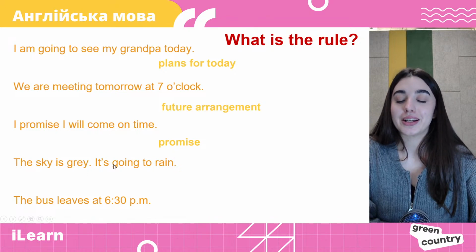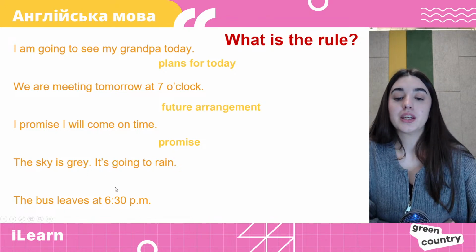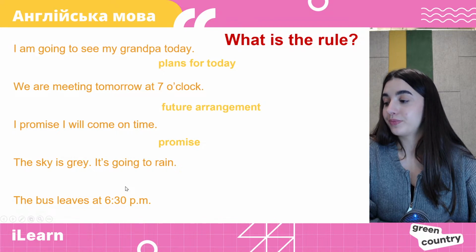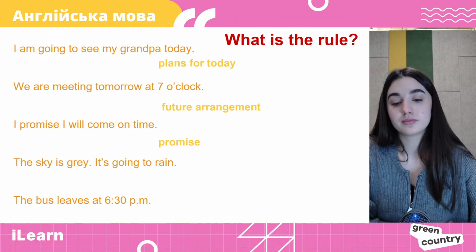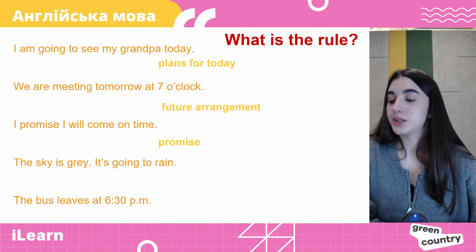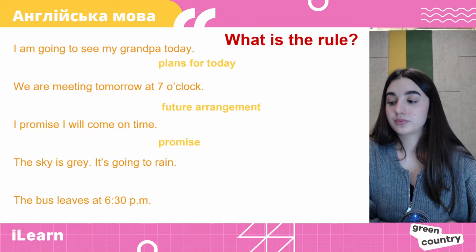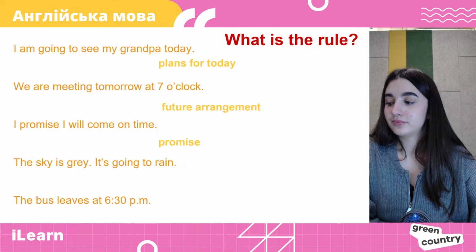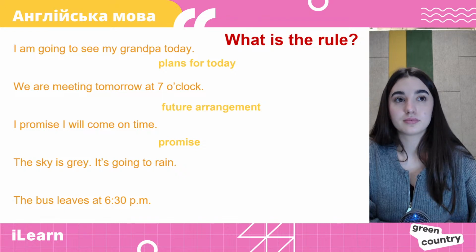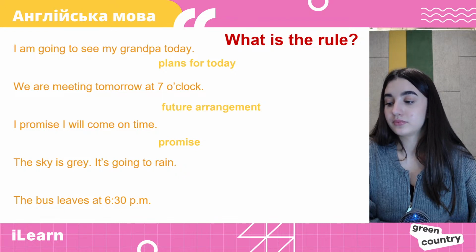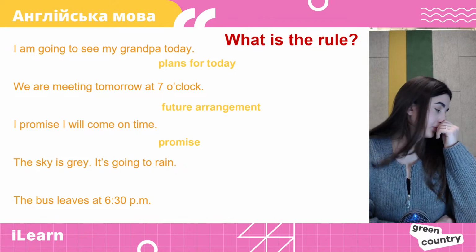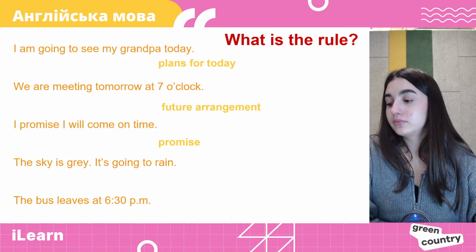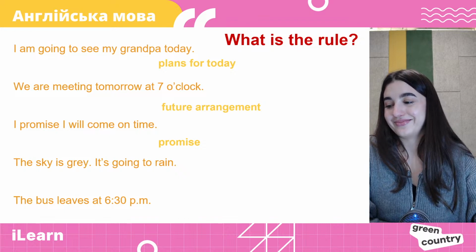And now let's go to the next one. The sky is gray. It's going to rain. What is it? Yes, Anastasia.